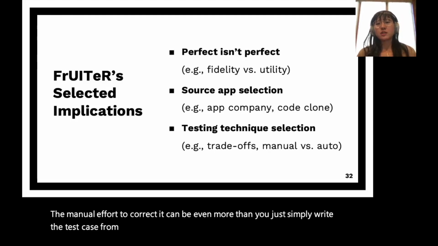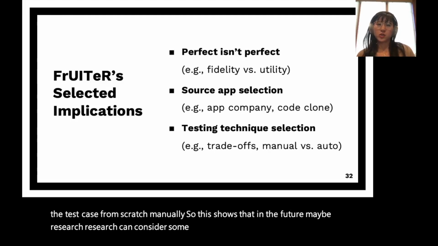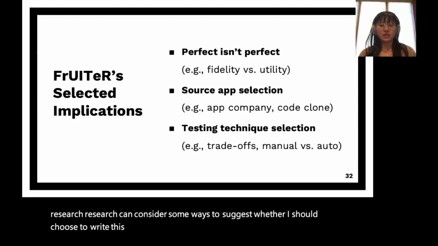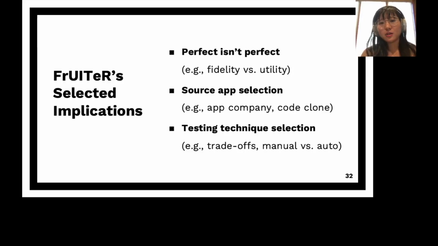So this shows that in the future, maybe research can consider some ways to suggest whether I should choose to write this test case manually or using some sort of automatic technique to generate, because apparently automatic is not always the way to go.